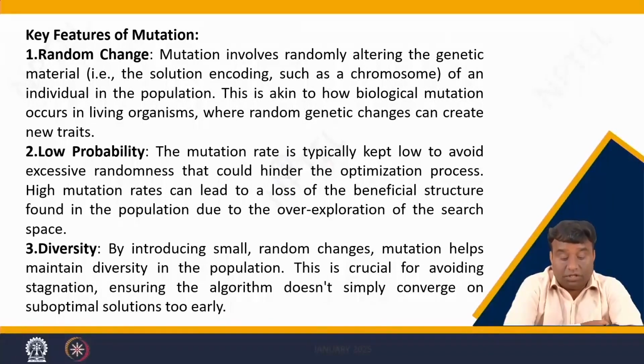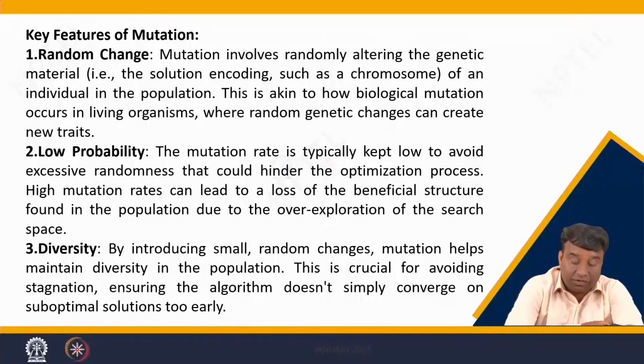Low probability. The mutation rate is typically kept low to avoid excessive randomness that could hinder the optimization process. A high mutation rate leads to a loss of beneficial structure found in the population due to over-exploration of the search space.